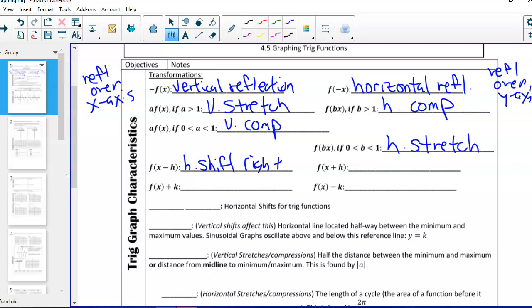It has a negative, and you think it's going to go negative, but it really does the opposite. It goes right. And really, that's because there's a negative h in there already. So this is left. And then if you were adding or subtracting something outside the function, it's a vertical shift up or down.